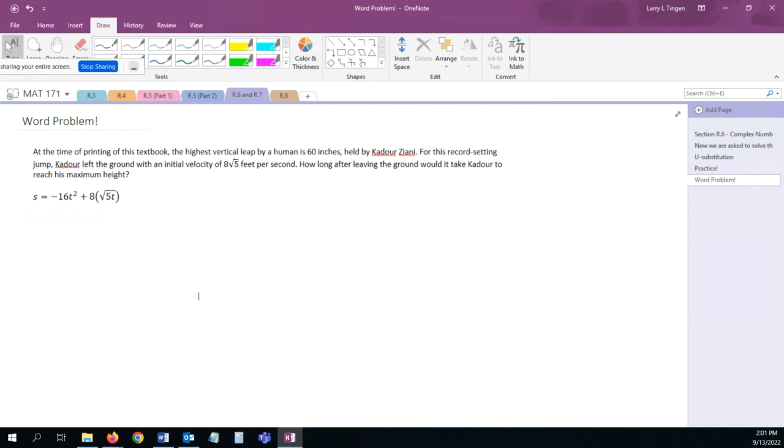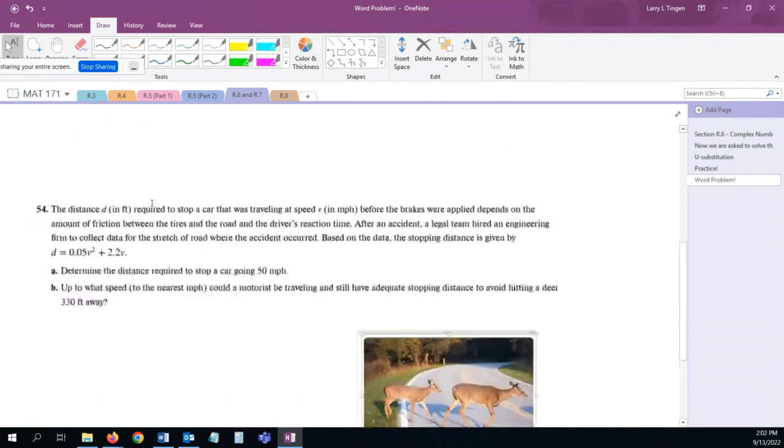Okay, so S is the height in inches, and T is the number of seconds after he took off. And okay, so if I put that there, this is going to make more sense.